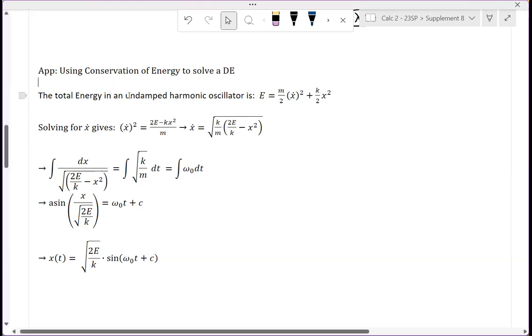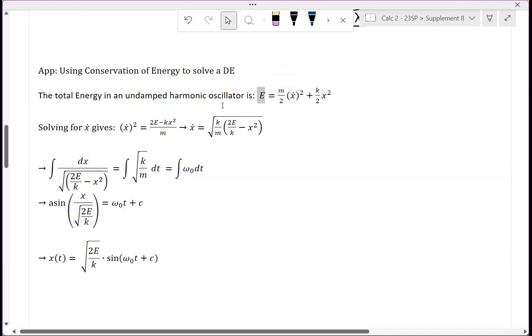So if I'm interested in modeling an undamped harmonic oscillator, something that we'll see come up again when we deal with second order equations, I could model it maybe with a second order equation, that has some additional complexities to it that we will talk about later on in the course. But I could also model it with a first order equation in this way.